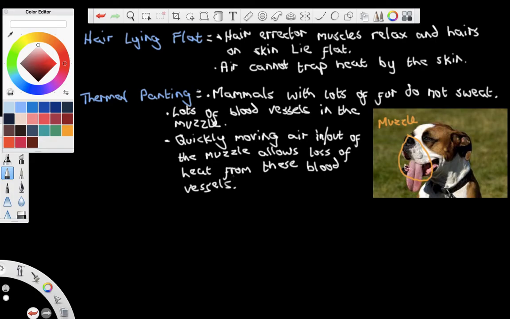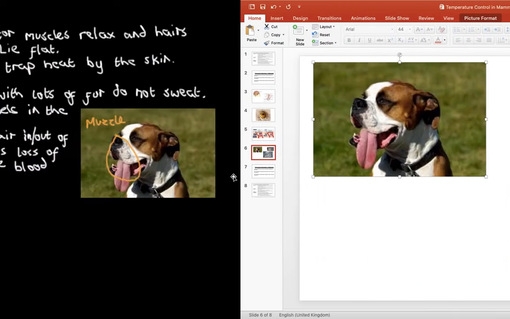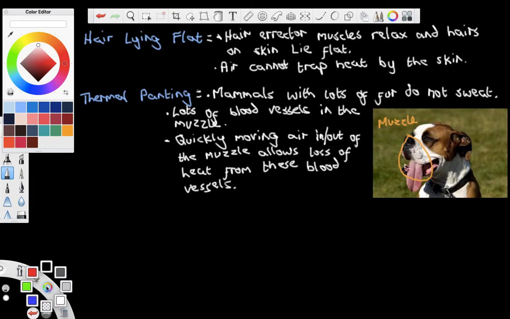Some other examples are organisms that go into cold water. I don't think I've got an image of that, so we can just put for this one, environment.